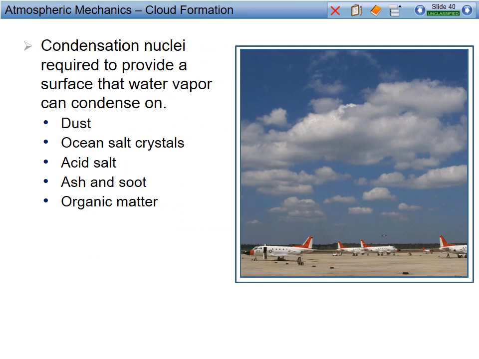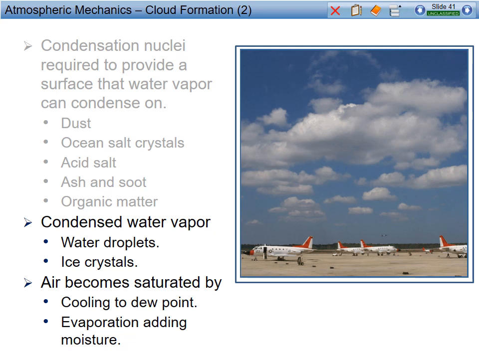For clouds to form, we must have condensation nuclei. Condensation nuclei are just little bits in the atmosphere of matter that allow the water to condense on them when the conditions are correct. These can be dust, ocean salt crystals, acid, salt, ash, and soot, and other organic matter.